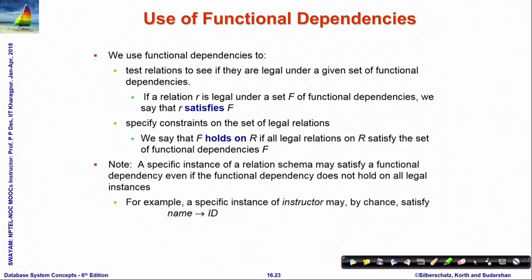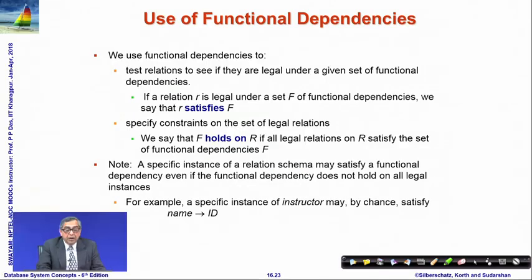So, for example, we know ID functionally determines name, that if the ID is distinct, then the name has to be distinct, but we may find an instance where name functionally determines ID.